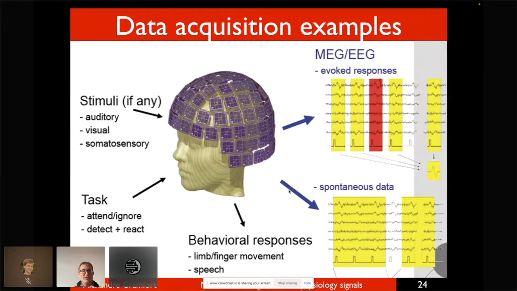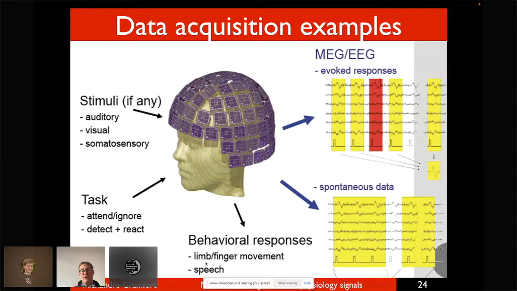What you see here in the stimuli is that they can be auditory, visual, somatosensory, displayed on the screen or with audio. Then the subject has to do a specific task, attend to certain stimulus, to react, for example, by pressing a button. And the behavioral response, so basically whatever the subject is doing, can be recorded.